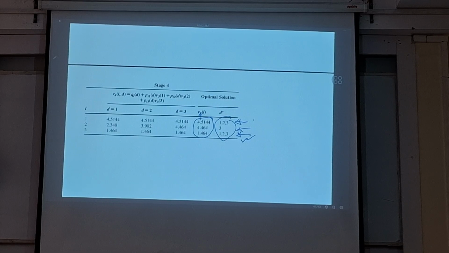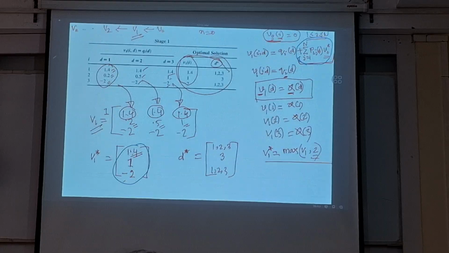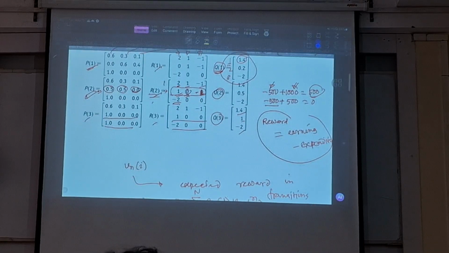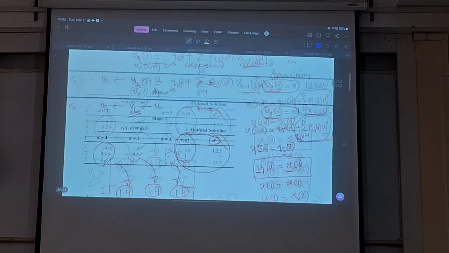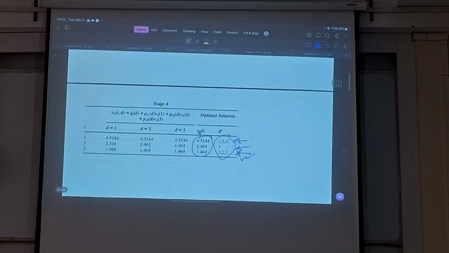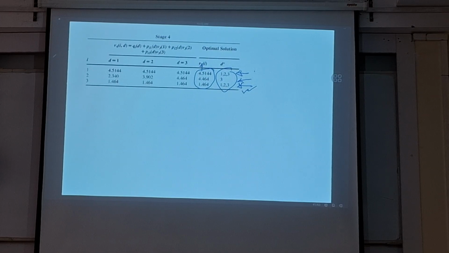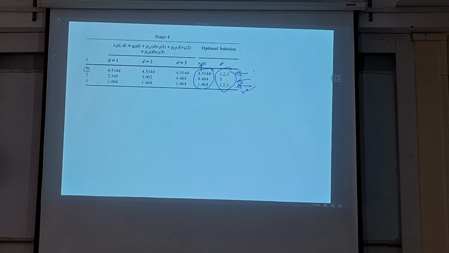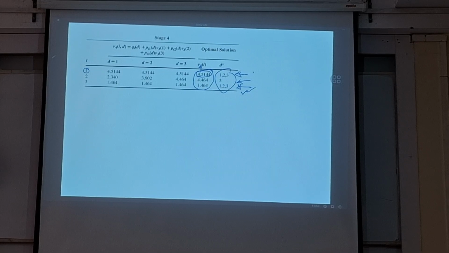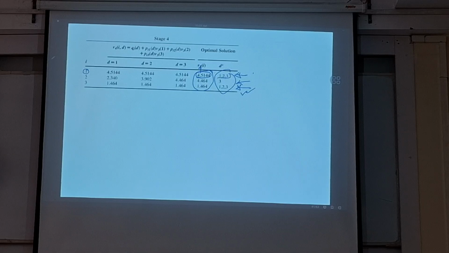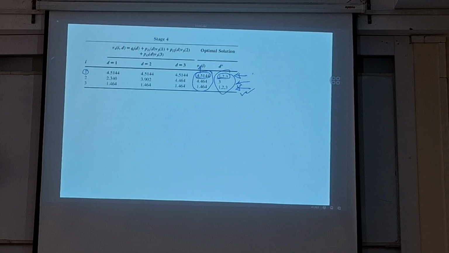But since we have a wrong value here, the result should be totally different if you go with the correct value. Then it doesn't matter here. Ultimately we say that if we start in stage 1, then after 4 stages, the optimal profit will be 4.5, and whatever policy we use, it remains the same.